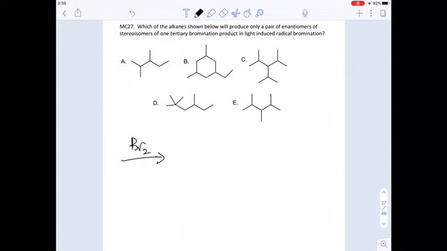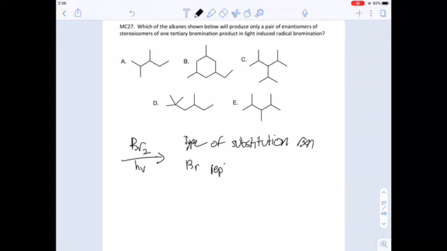So the reaction overall usually looks like this. Hopefully that will help you recognize it. This is actually going to be a type of substitution reaction. Okay, so what ends up happening in this reaction, oopsie, I forgot to write the light.